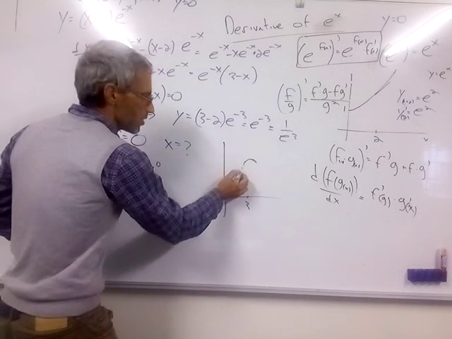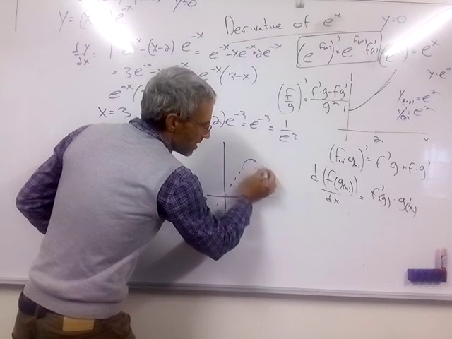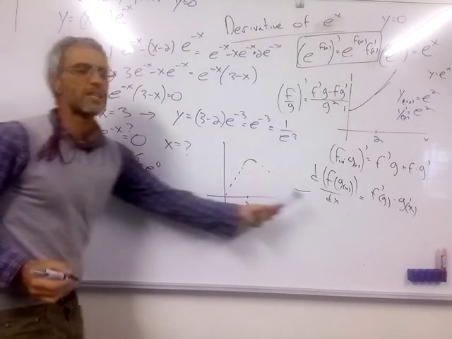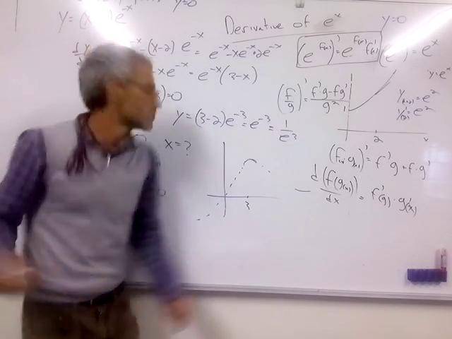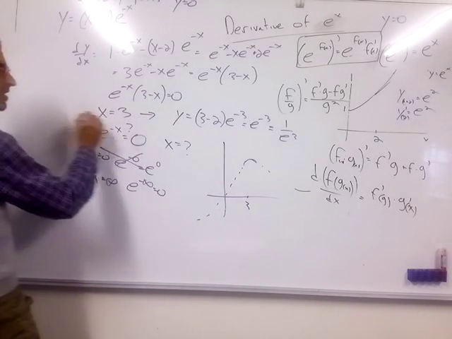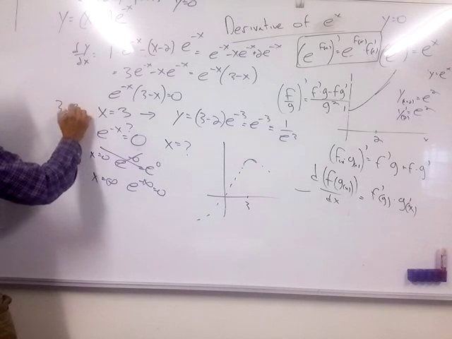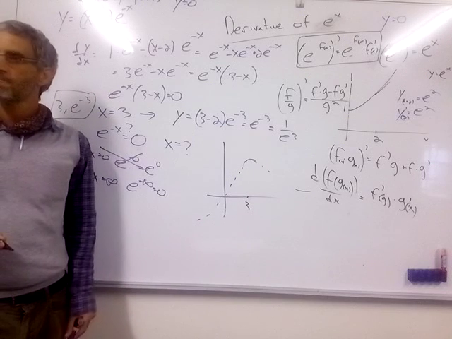It is not going to be 0. I don't know what's going to happen here. The next time it is 0 is infinity. So maybe it goes down like to here. Maybe there's some kind of asymptote. But that's infinity. Infinity is not an answer I can give you. So there's only one, is what I'm trying to say. There's only one coordinate: 3 and e to the power minus 3. That's the only answer. Okay?